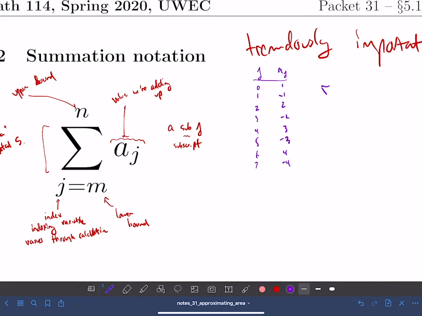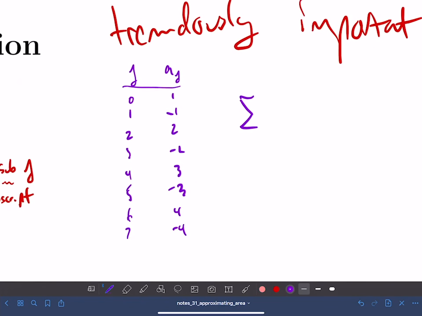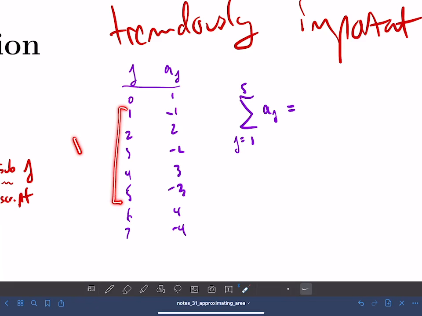We would say the sum from j equals 1 to 5 of a sub j is equal to, this is our first one of these, I'm going to take these j's from 1 to 5, including the 5.